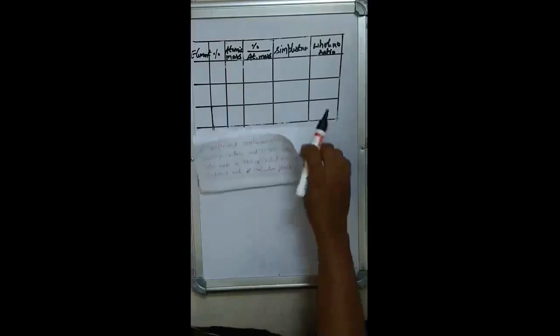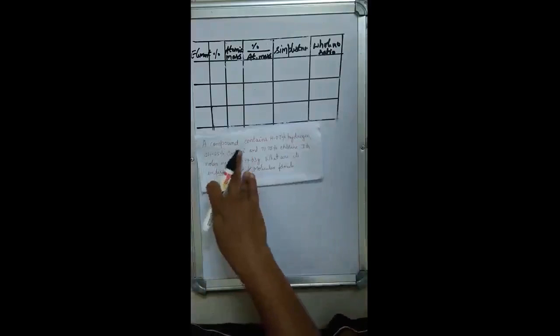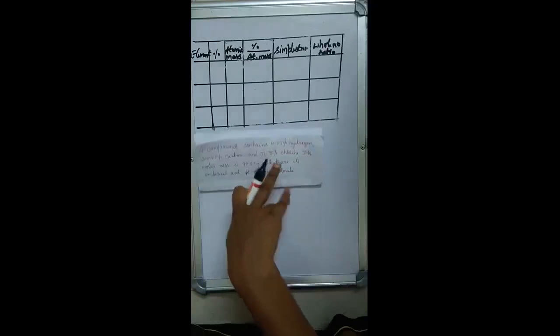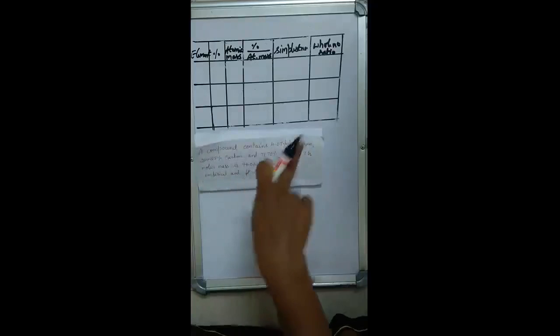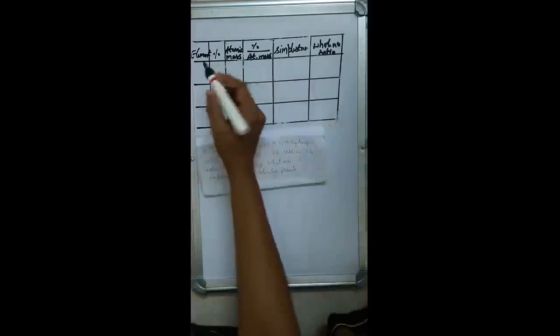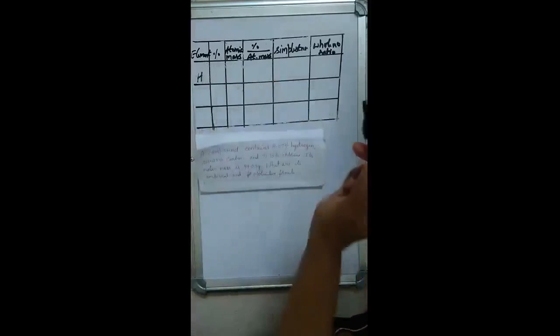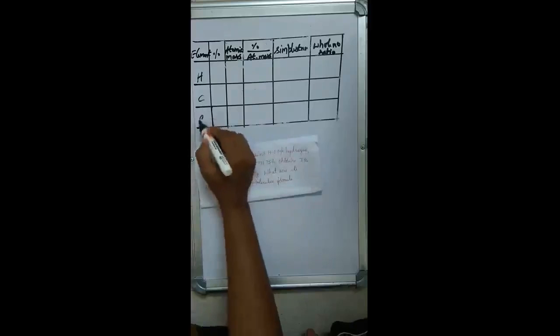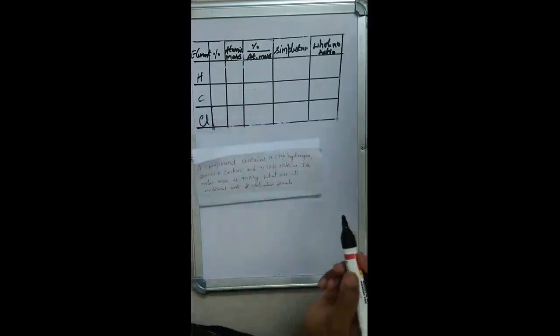Now according to the question, what elements are given? A compound contains 4.07% hydrogen, 24.25% carbon and 71.75% chlorine. So hydrogen is given, then carbon, then chlorine.